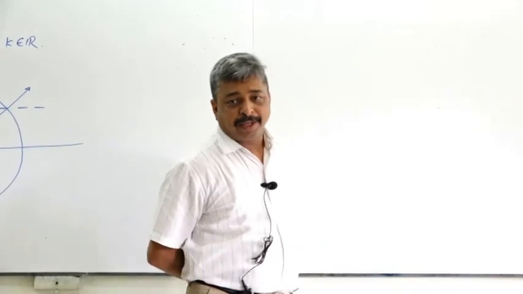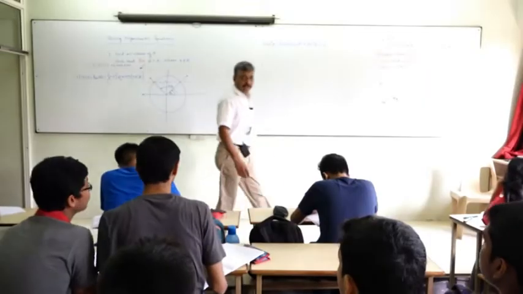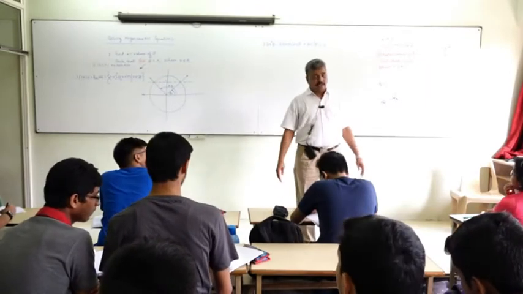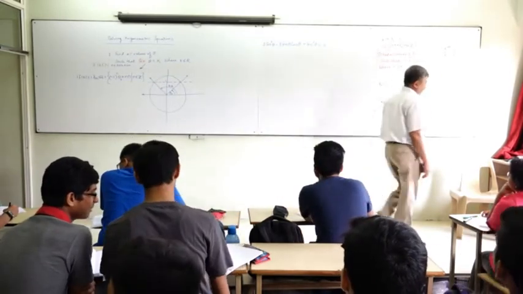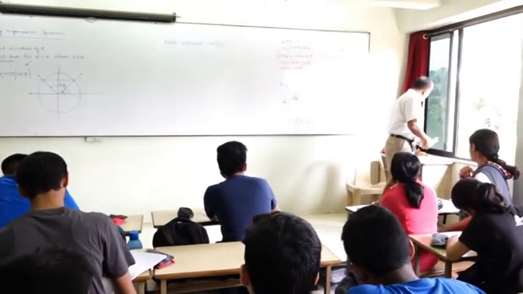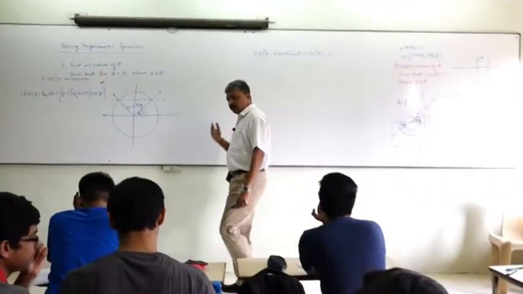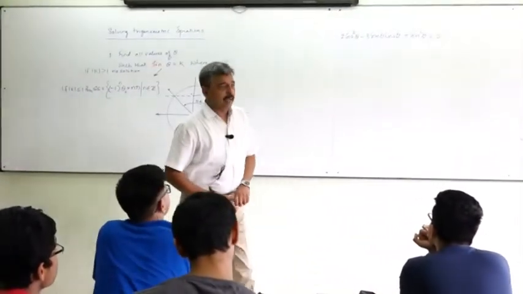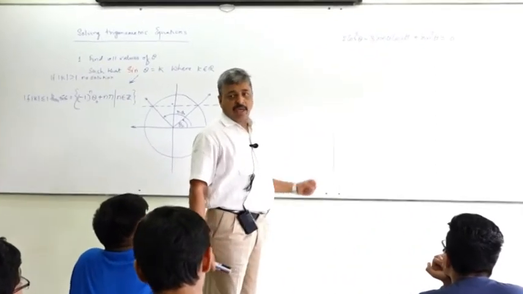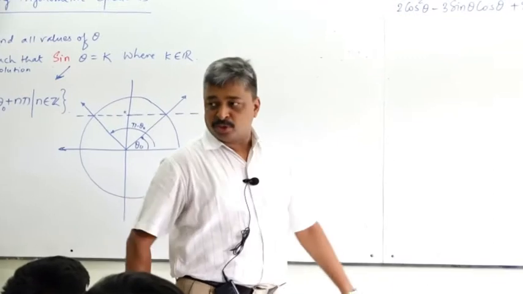So we are in the business of solving trigonometric equation. Yes, let us solve. Now it is a little tricky to solve trigonometric equations. I mean, there are many ways of doing the same thing. However, the final answers are unique. I mean, they are not different answers because of different methods. Answers should be the same.